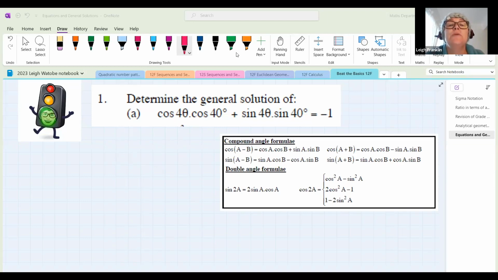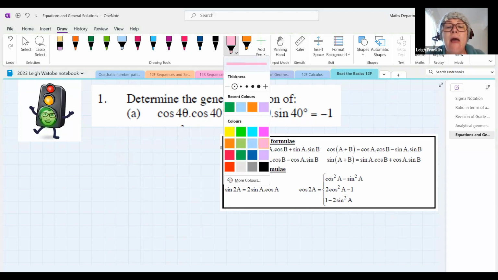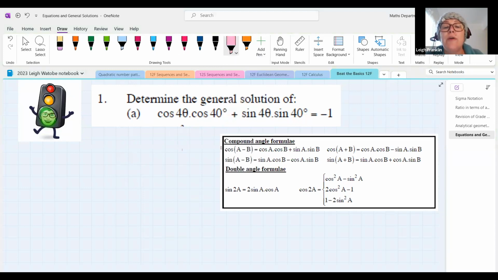So Mamelo spotted that straight away and said, okay, what we are looking at is this: cos A cos B plus sine A sine B. So we are going to go backwards and we are going to do this with it. So cos A minus B. All right, well done, Mamelo. Good spot. That's exactly what I was hoping you would see.